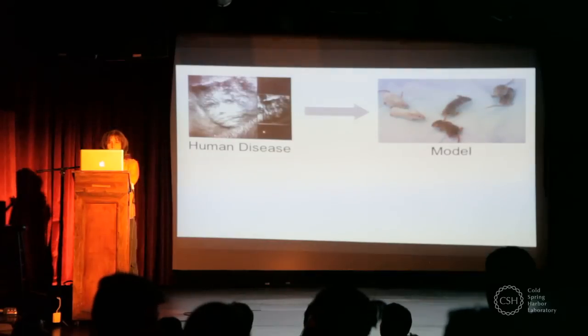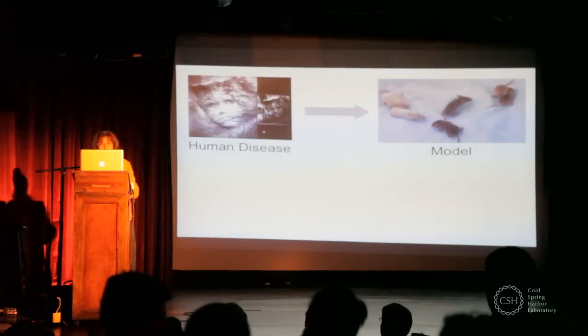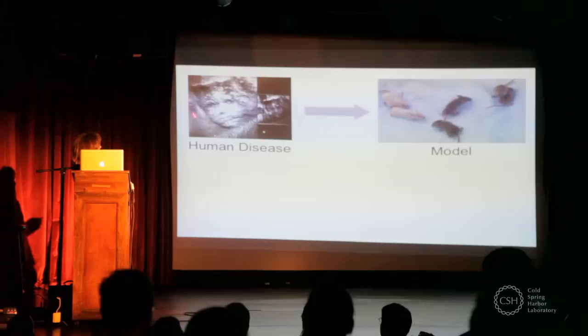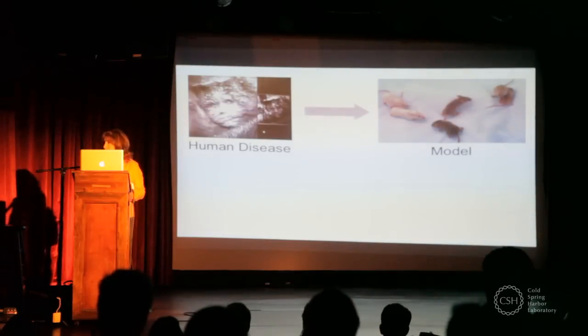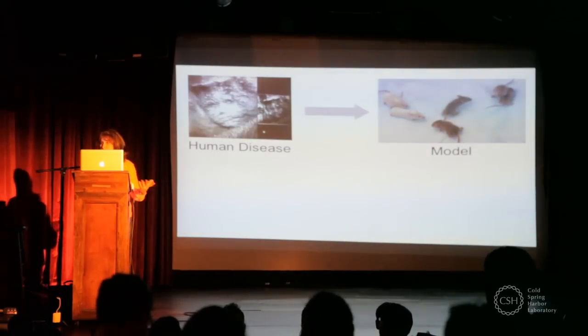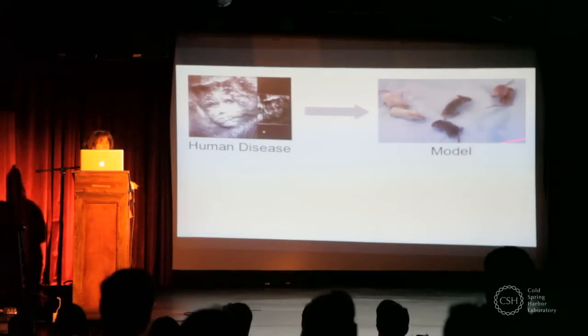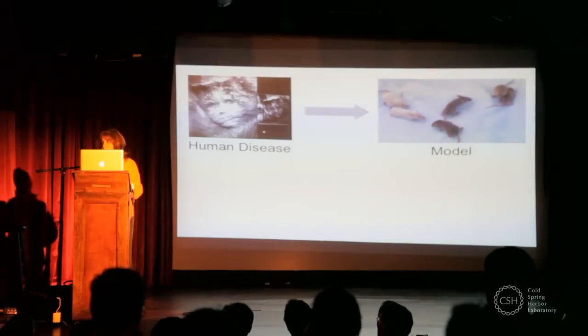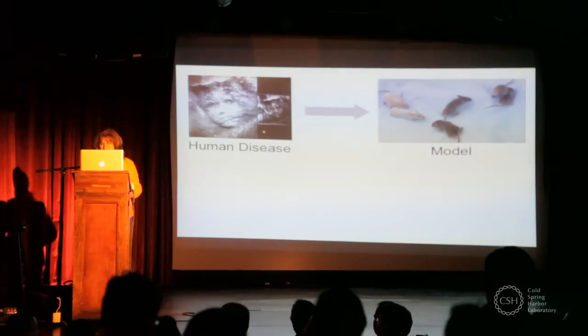So really, what my lab is focused on is depicted in this slide. We're focused on various human diseases. And how we try to understand these diseases is we generate mouse models for the diseases that we're interested in. We love our mice, but it's not that we're trying to understand mouse behavior or physiology.